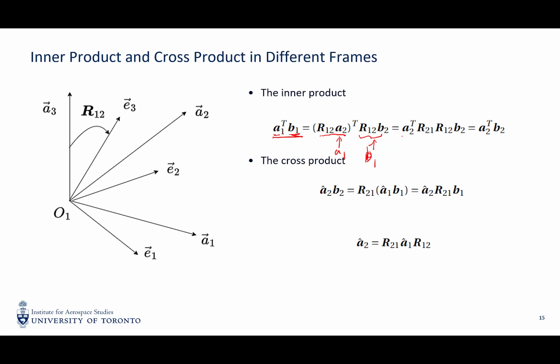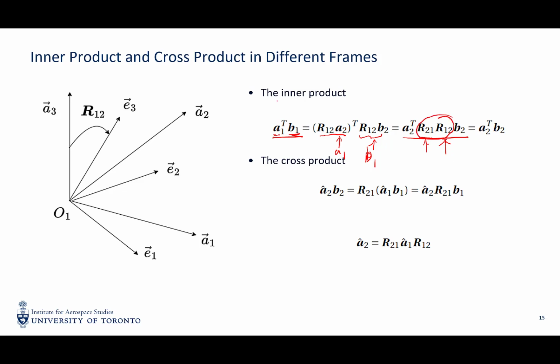And then we can immediately know that since we have a transpose here, the rotation matrix ahead of A2 goes to the second place. And then we also know that the transpose of the rotation matrix is its inverse. So it results in this form where these two rotation matrices cancel each other.